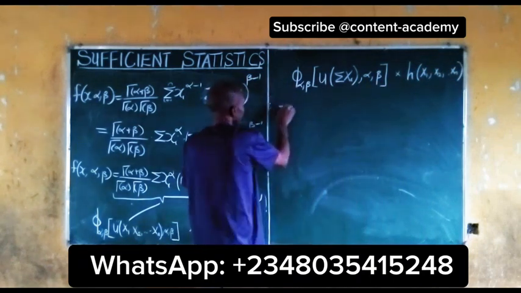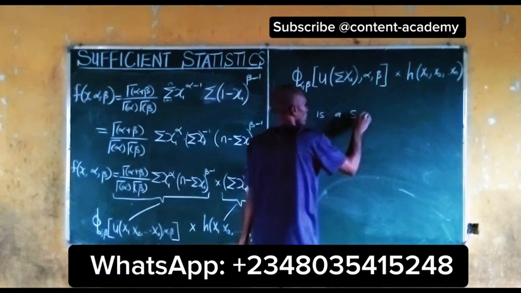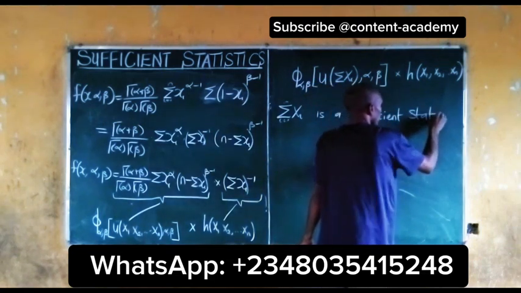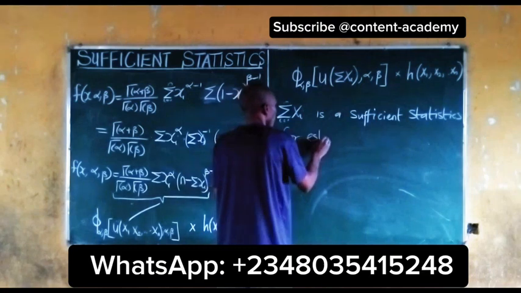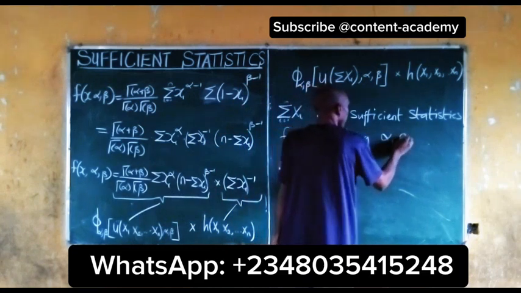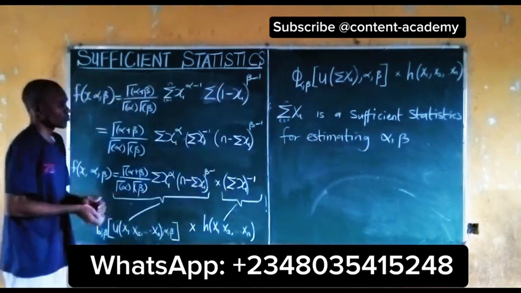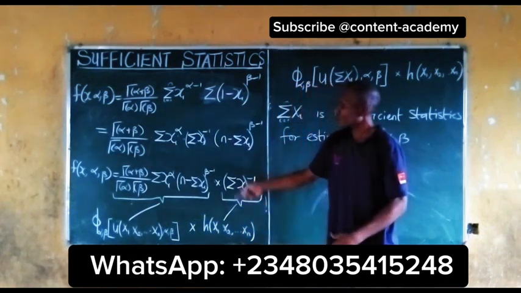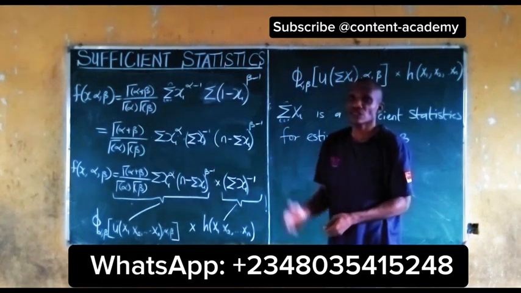So it then means that our product of xi is a sufficient statistic for estimating alpha and beta given the general beta distribution. So this is how we can compute the sufficient statistics for the general beta distribution.